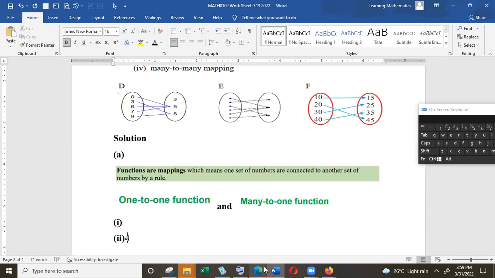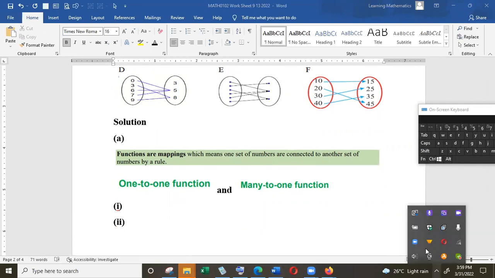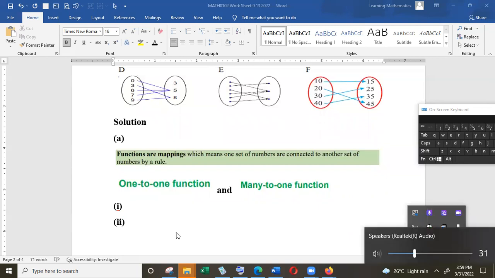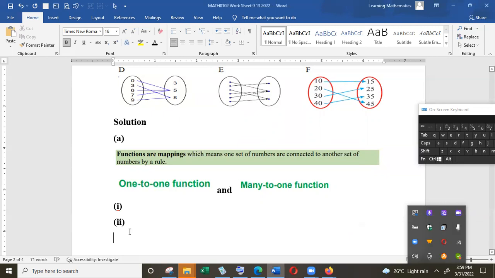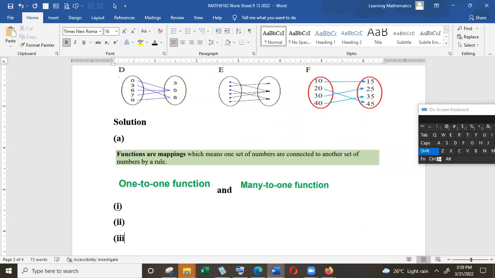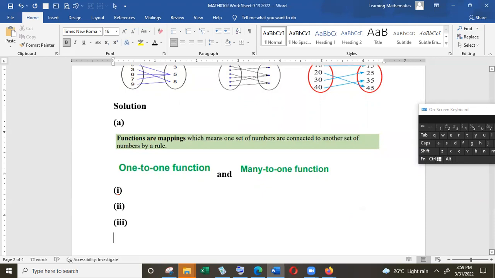No, I don't want the answer for that yet. The one-to-one and the many-to-one are functions, but which two mappings are not functions?